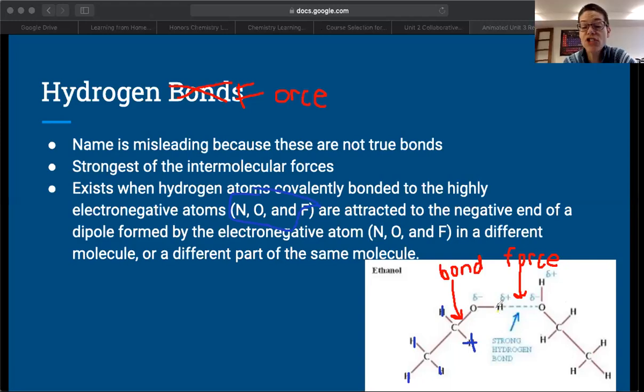The hydrogen has to be connected to an N, O, or an F. The oxygen does not necessarily, right? It can bond to another N, O, or an F in this other thing. But this hydrogen here would also make hydrogen bonds, right? Because it's bonded to this oxygen. Okay, got you.